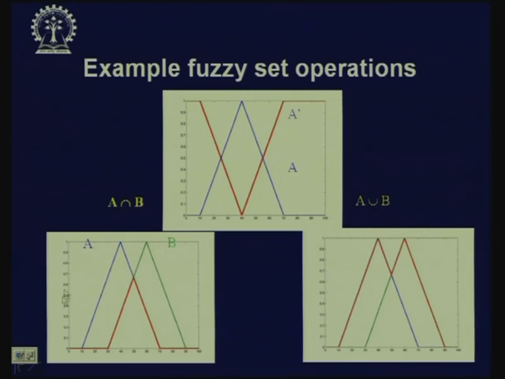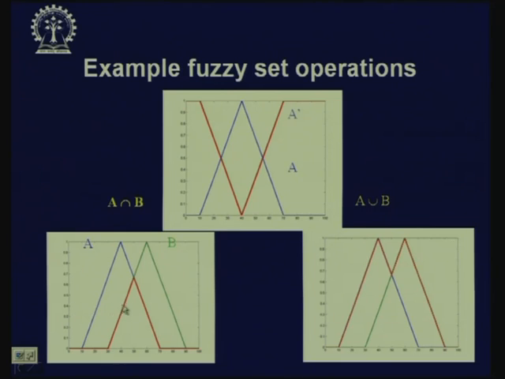Look here, we are looking at the intersection. This blue line, as I am tracing, is the fuzzy set A, and this green line is the fuzzy set B. All right, this is B. Then the intersection of them is for all the X's which are common to both A and B. Say I take this 40. 40's membership in A is something like 0.8 and 40's membership in B is something like 0.4.